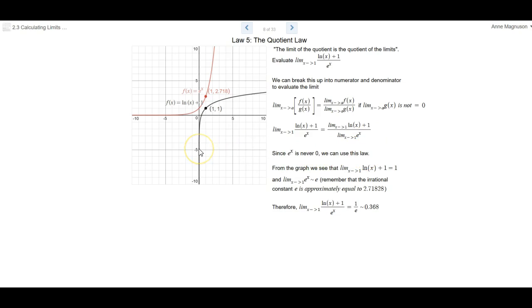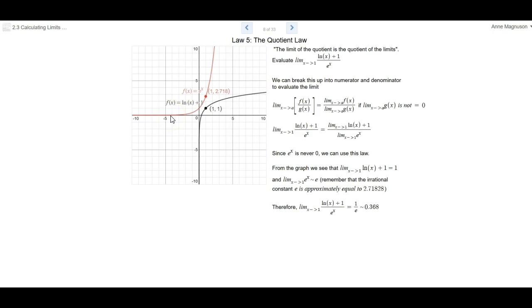So again, I need to look at the graph to find these limits. If we look first at the numerator, ln of x plus 1, that's this graph. And I can see as x approaches 1, that graph approaches y value of 1 as well.